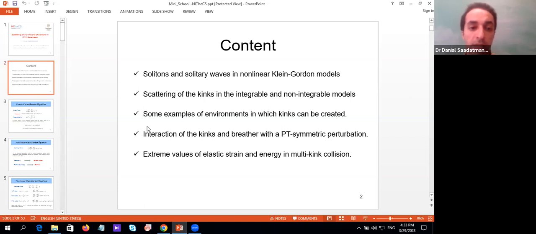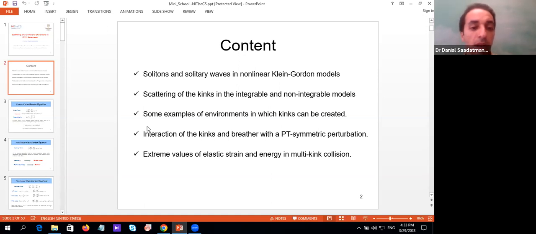Then I show how they scatter from each other in integrable and non-integrable models, and I introduce some examples of environments in which such solitons can be created.